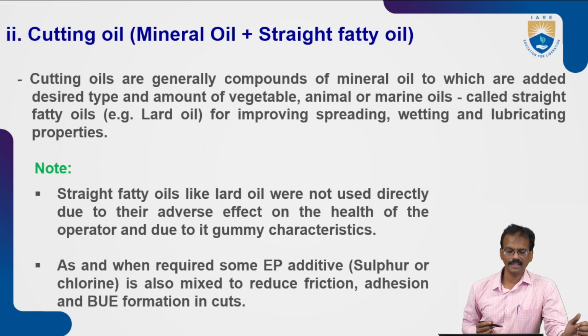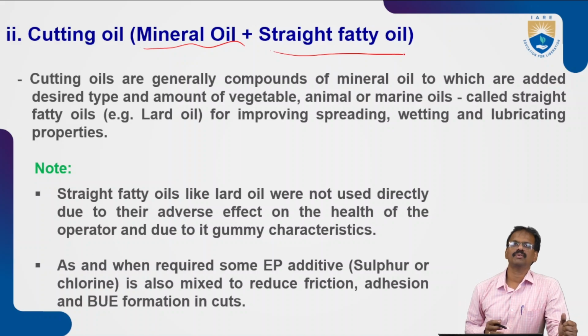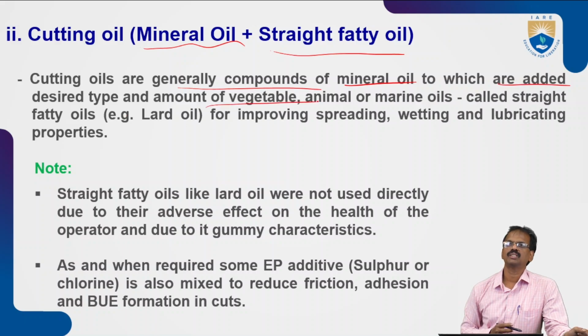Next one is the cutting oil, like mineral oil and straight fatty oil. This is another type of liquid cutting fluid. Cutting oils are generally compounds of mineral oil, to which are added vegetable, animal or marine oils.